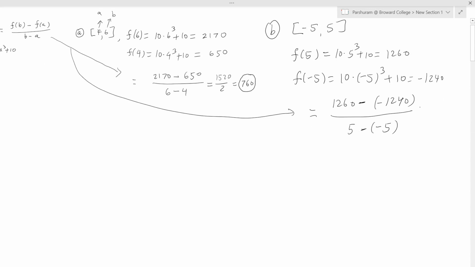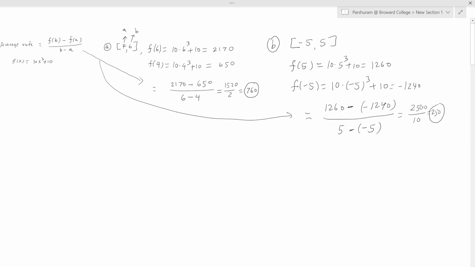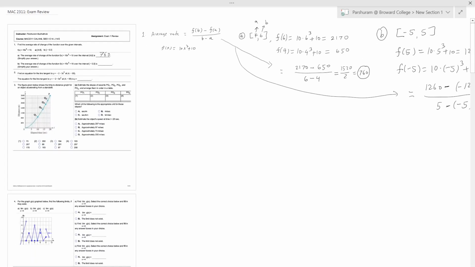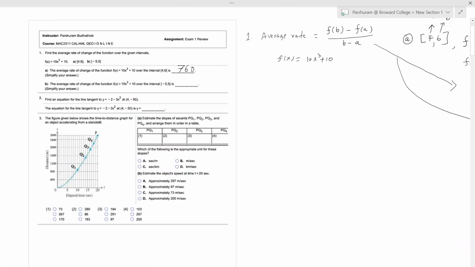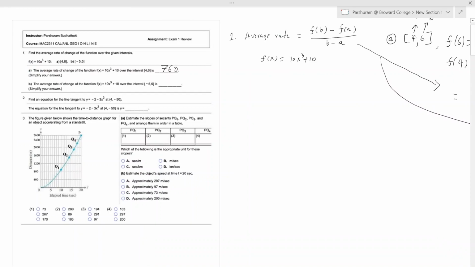So that is 1260 plus 1240, which is 2500, divided by 10, which is 250. For the part B, the average rate of change is 250. Okay, so that's problem 1.